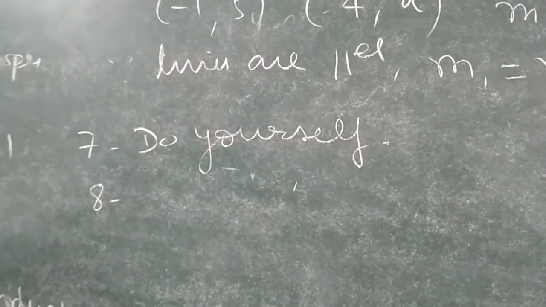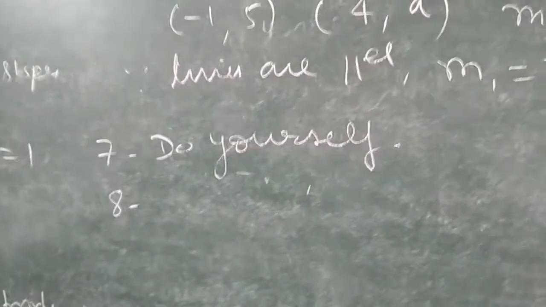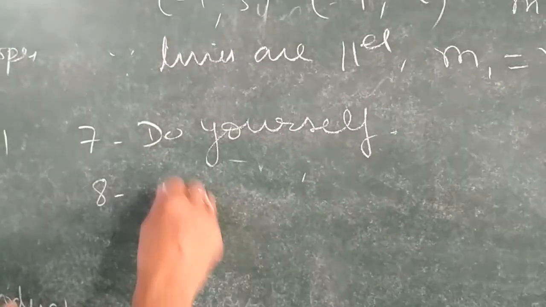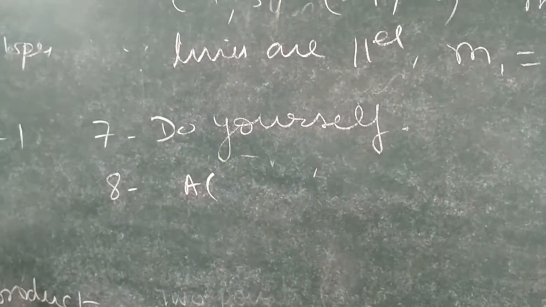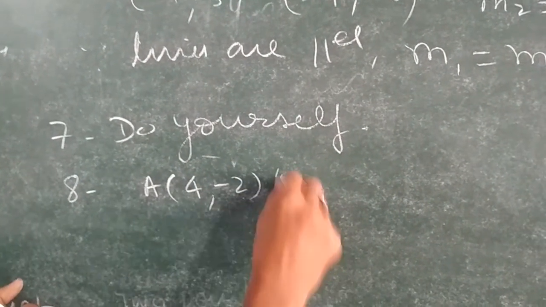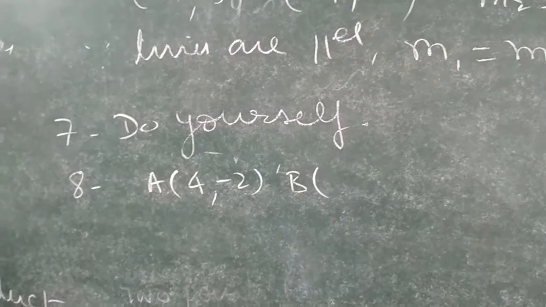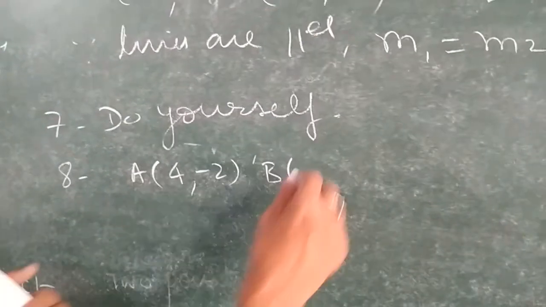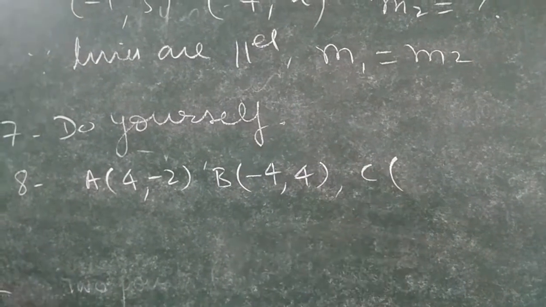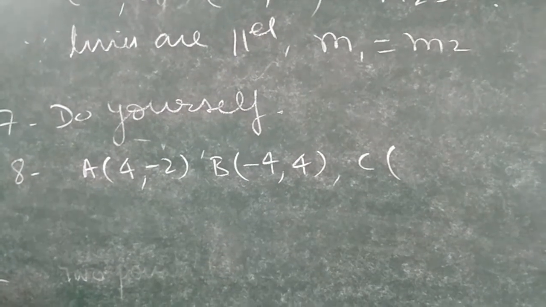Without using the distance formula, show that the points are the vertices of a right angle triangle. You are given 3 points: A 4, minus 2, B minus 4, 4, C 10, 6.